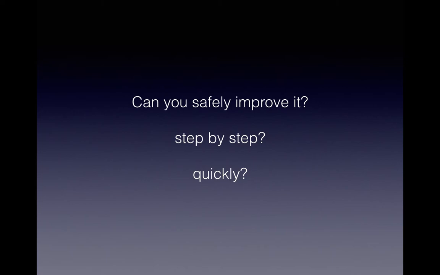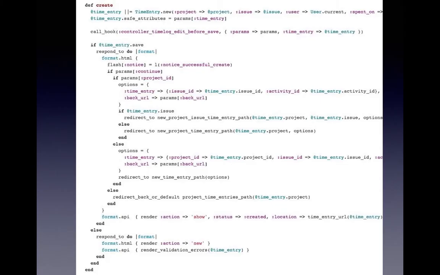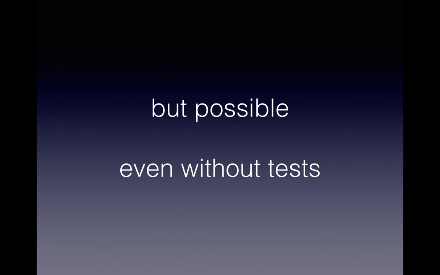But you need to know some of the practices that enable you to improve such code very easily. It's difficult, but it's possible. It's possible even without tests. I know the reality. You don't have 100% coverage, especially not in the controller part. So you can't change the code and expect it to work because Ruby is a dynamic language.